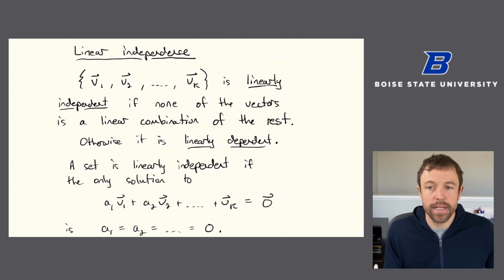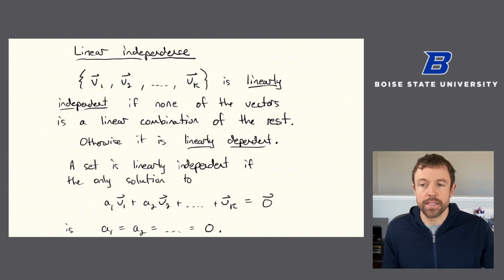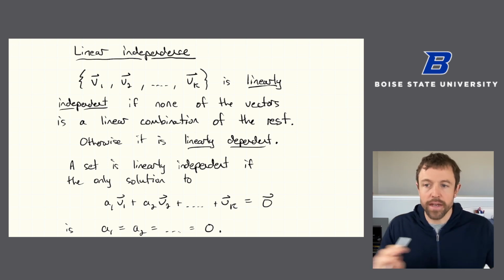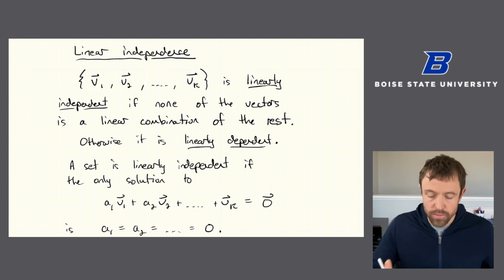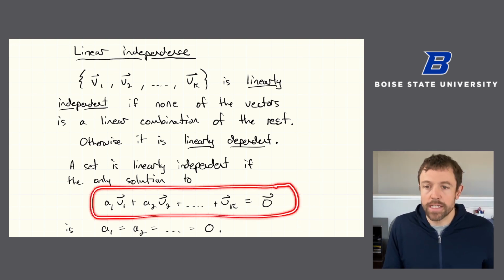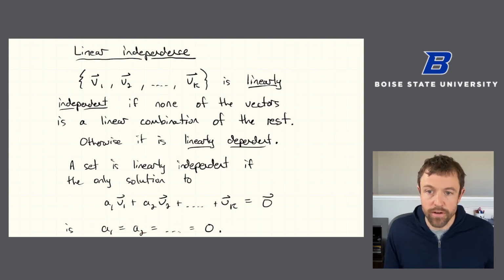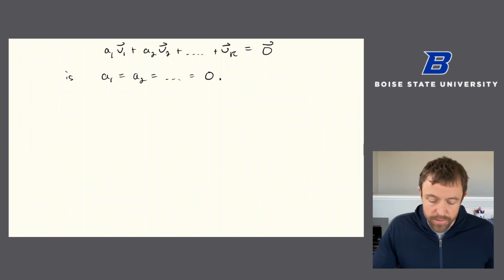Linear independence, it's not just that the first vector is not a linear combination of the rest. It's that none are the linear combinations of any of the rest. And the best way to do it is to put everything onto one side and ask whether we can get 0 without just doing the trivial thing of setting all the coefficients equal to 0. Let's look at examples.